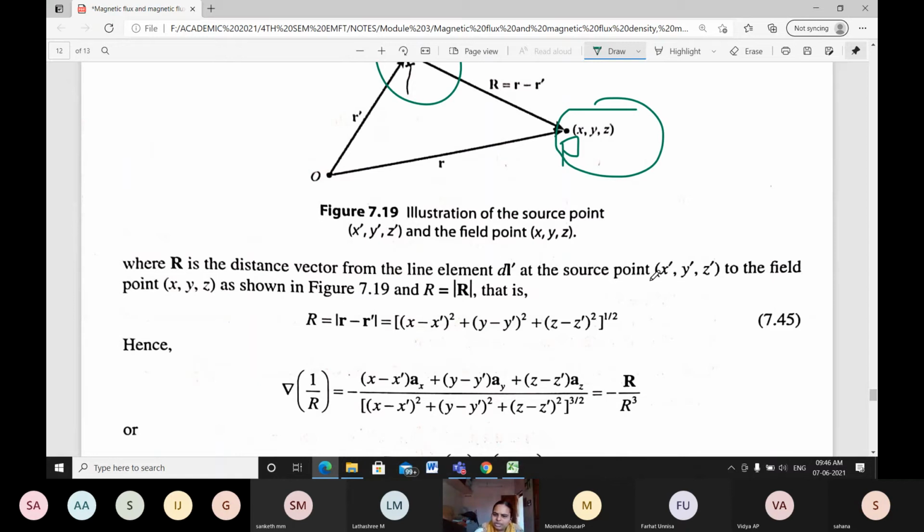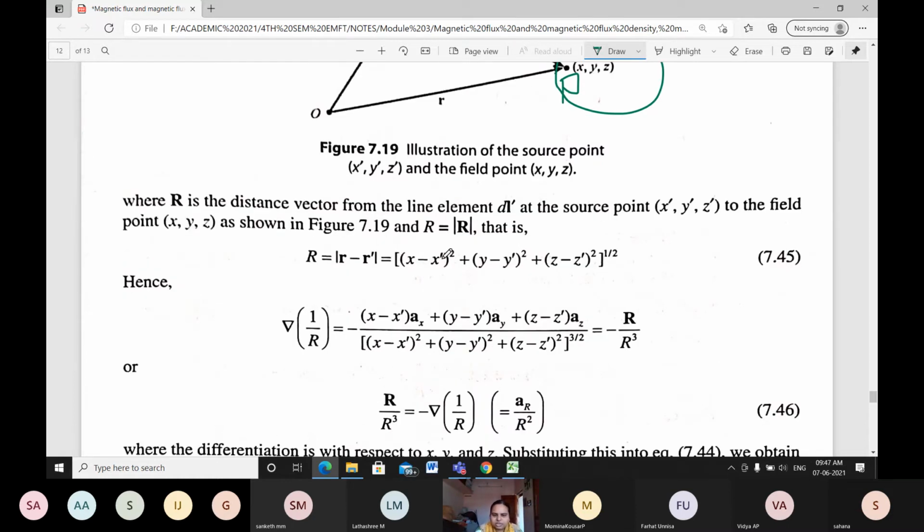Then from the source point x dash, y dash, z dash to the field point x, y, z, r is going to be, as we know, the mod of r. Then r is the mod of r minus r dash. Then what is the equation we can write here? It is x minus x dash whole square plus y minus y dash whole square plus z minus z dash whole square, that to the power 1 by 2 only.